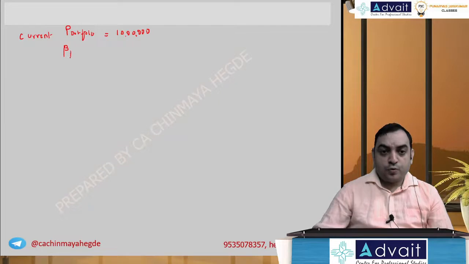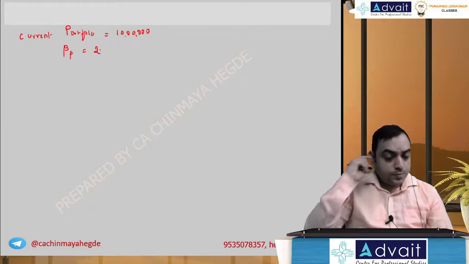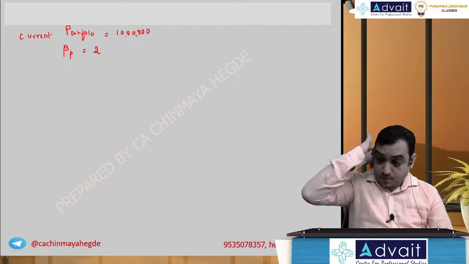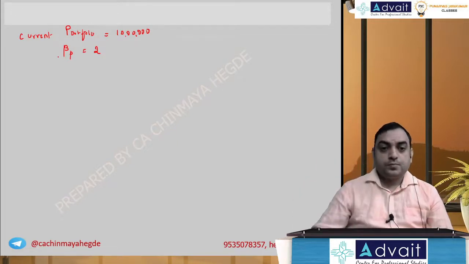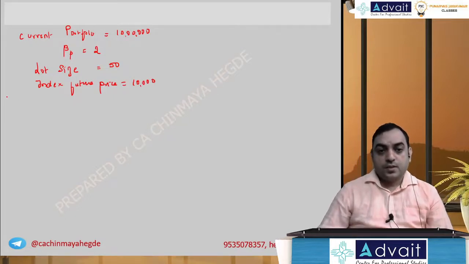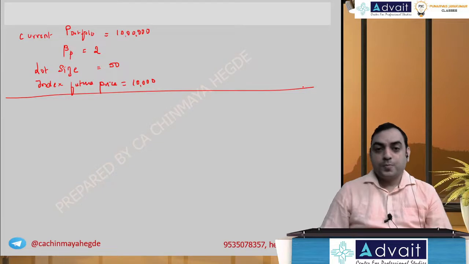Let's say beta of portfolio is 2 and lot size, let's say 50, index future price, let's say 10,000. Okay, this is the situation now.